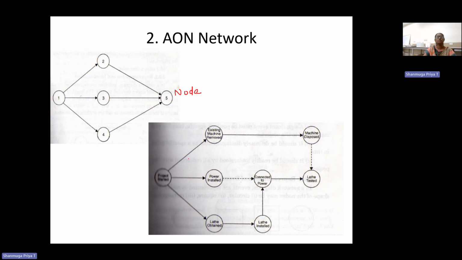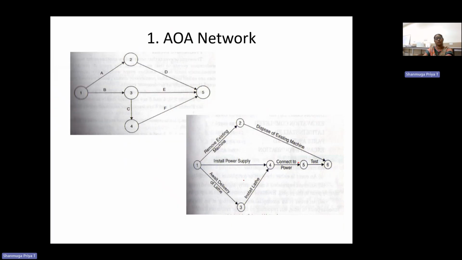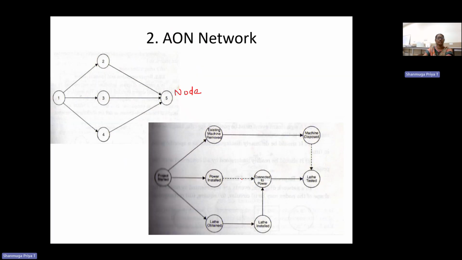I am using both; this is a parallel activity. Only once both complete will the next activity come. In activity on arrow, this is called a dummy activity. Here, for nodes, only when this node and this node are completed will this one come, so to connect them we are using this dotted line. So we have seen the examples for the AOA network and the AON network.